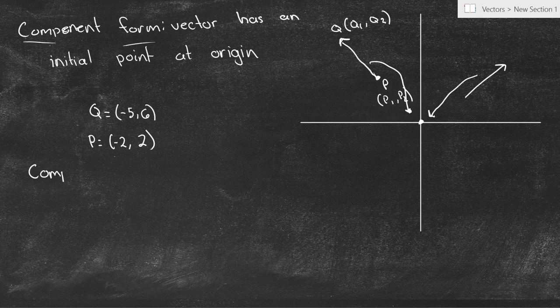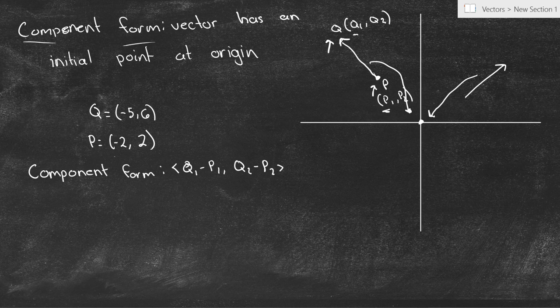When we're given two points, we're given the initial point, which is P, and the terminal point of the vector, which is Q. Component form is Q1 minus P1, because we're starting at the terminal and going back to the initial. So Q1 minus P1, comma, Q2 minus P2.